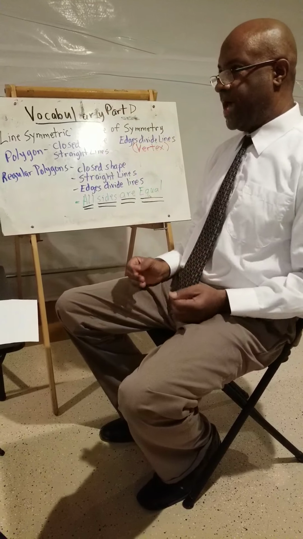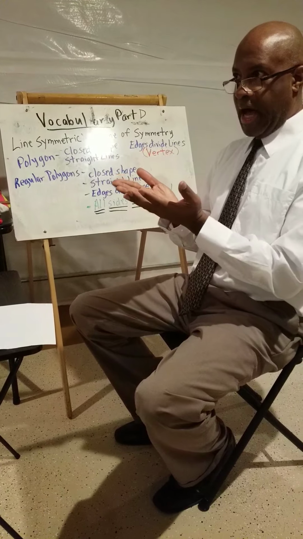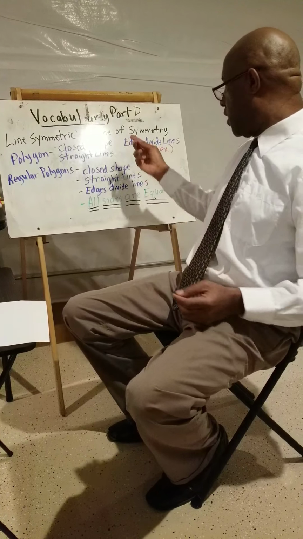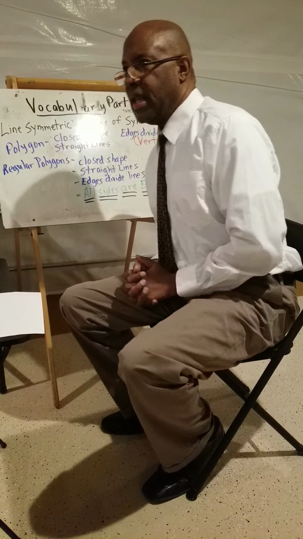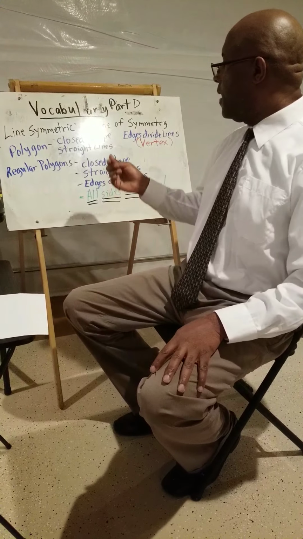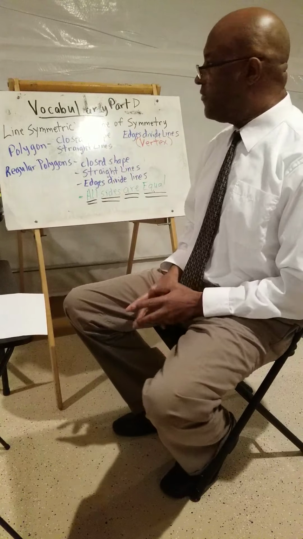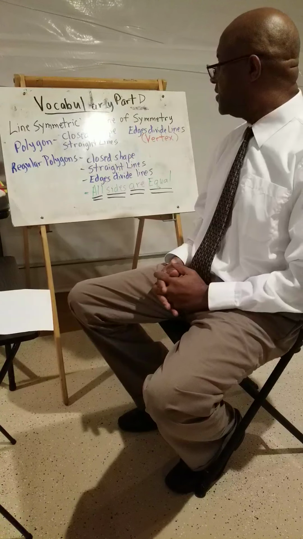And that fold, or that line of the object, wherever you fold it, is called the line of symmetry. We're going to include that in a review from last week about polygons.